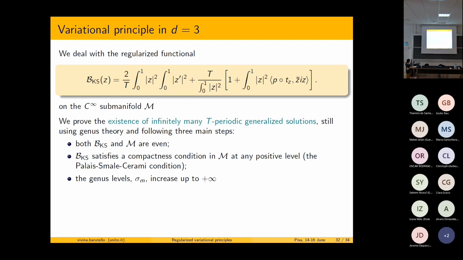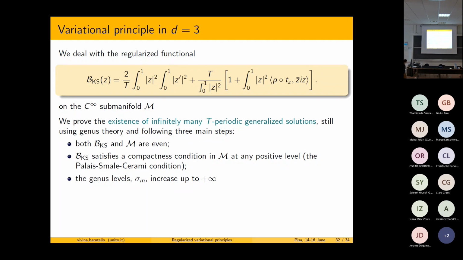Then this is a little bit the point where I start, because the Palais-Smale assumption, the compactness assumption, is no longer satisfied, but luckily a weaker condition is satisfied. This is quite well known.